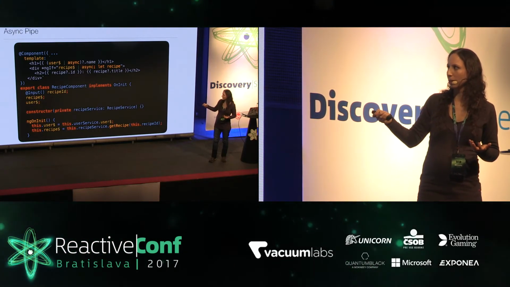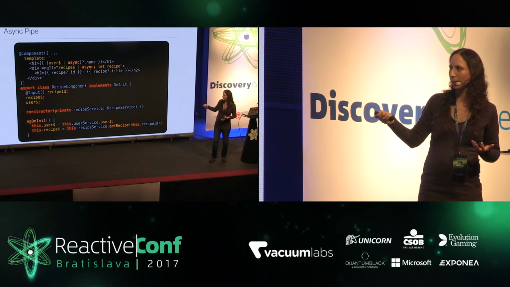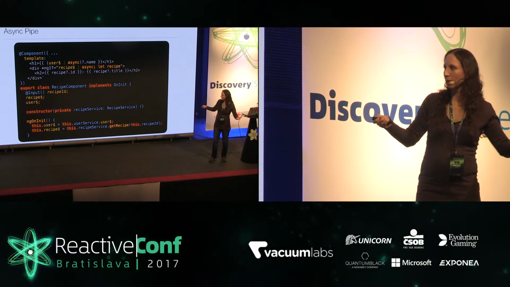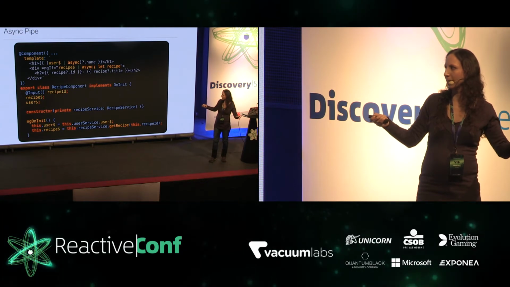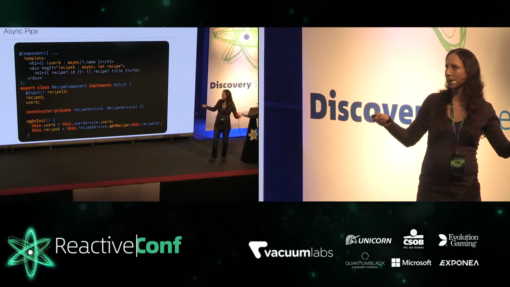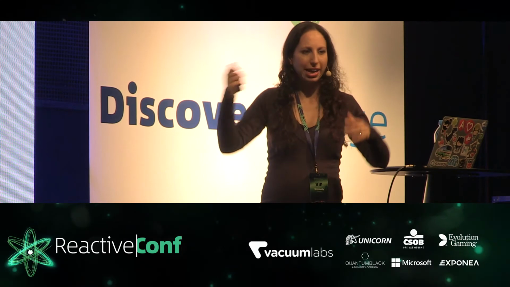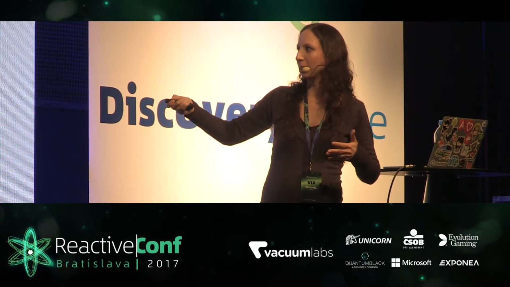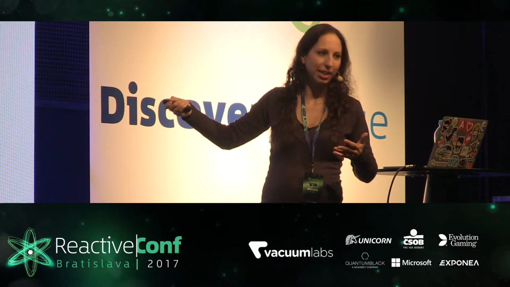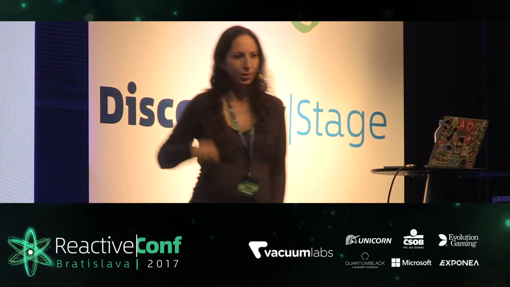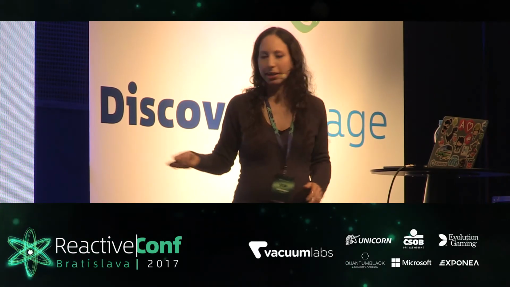Okay, so this is recipe data without the observable, and we can just grab recipe ID and recipe title and so on, instead of doing recipe observable async.id, recipe observable async.title every time. Okay, a nice little trick, again with Angular.